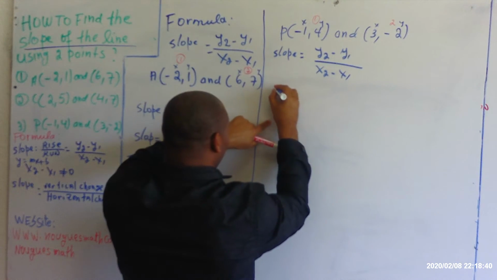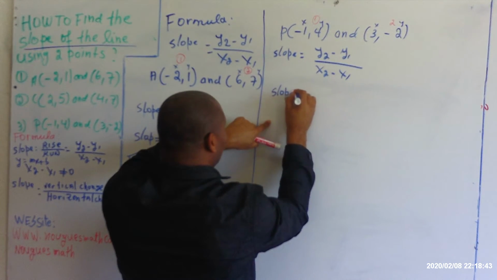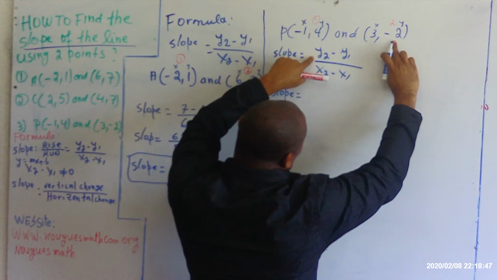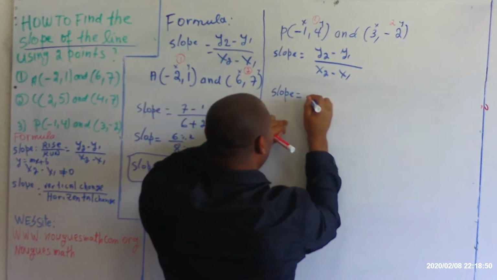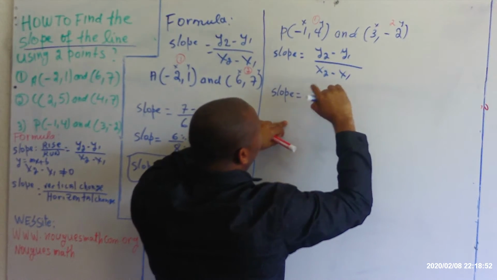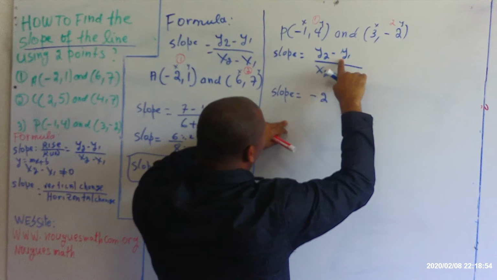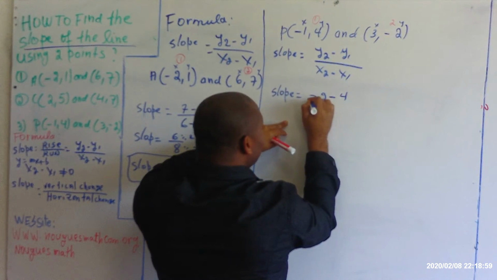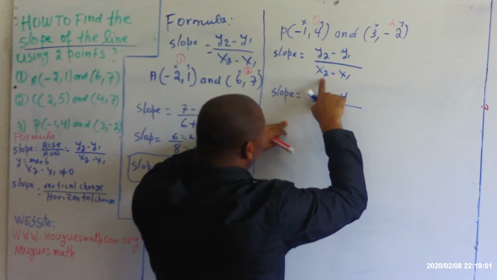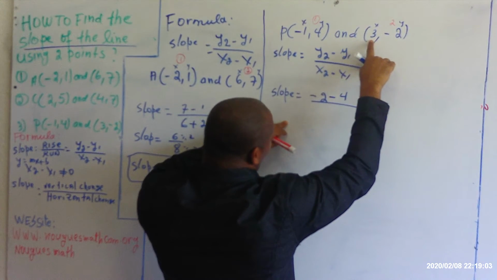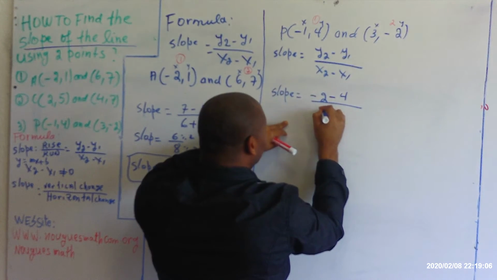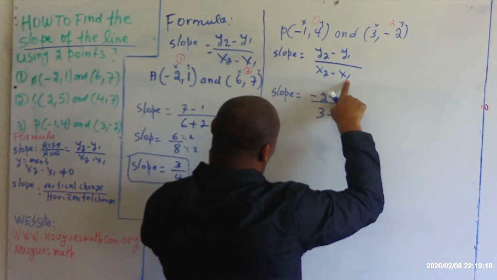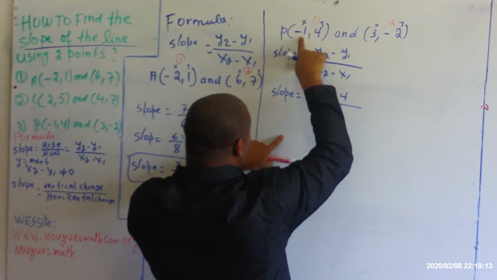So we have the slope going to be y2, that's going to be negative 2, minus y1, that's 4, so negative 4. x2, that's going to be 3, minus x1. x1 is going to be negative 1.